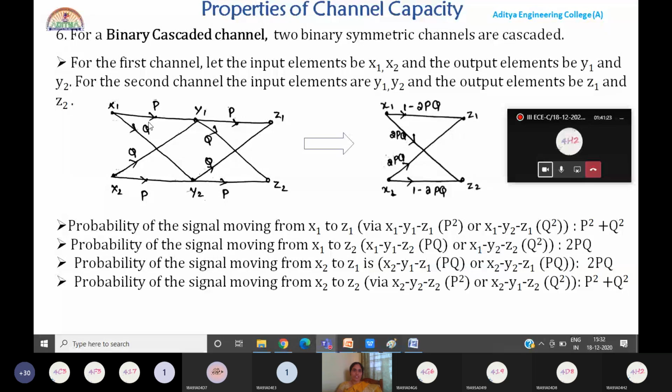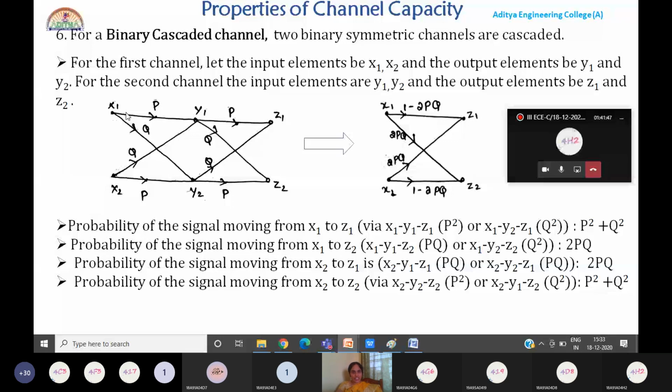So we can move from x1 directly through the forward path, x1, y1, z1. So this is the forward path. And there is another path where we can move to y2, and from y2 to z1 we can move. So two possible paths are available to move from x1 to z1.